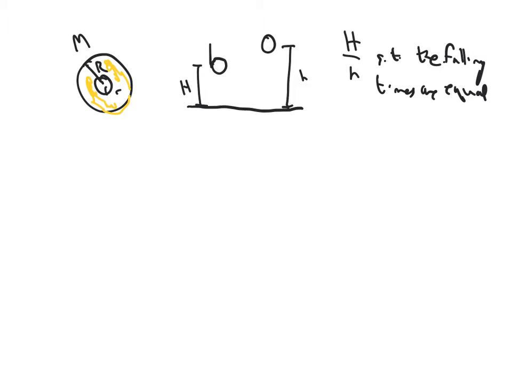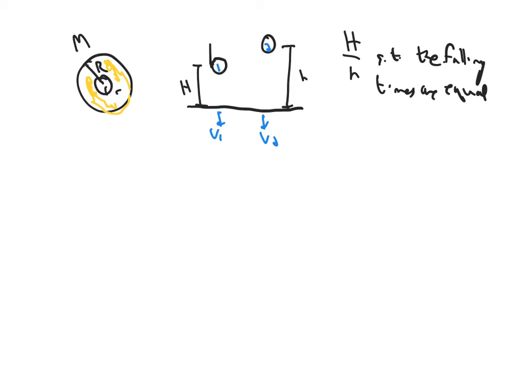And so we're going to say that this is going to be object 1, and this is going to be object 2. After falling, it's going to hit the ground at some velocity v1 or some velocity v2.